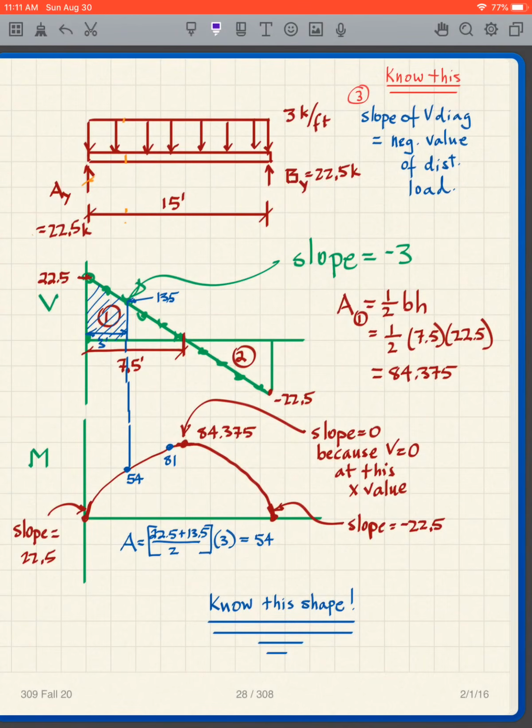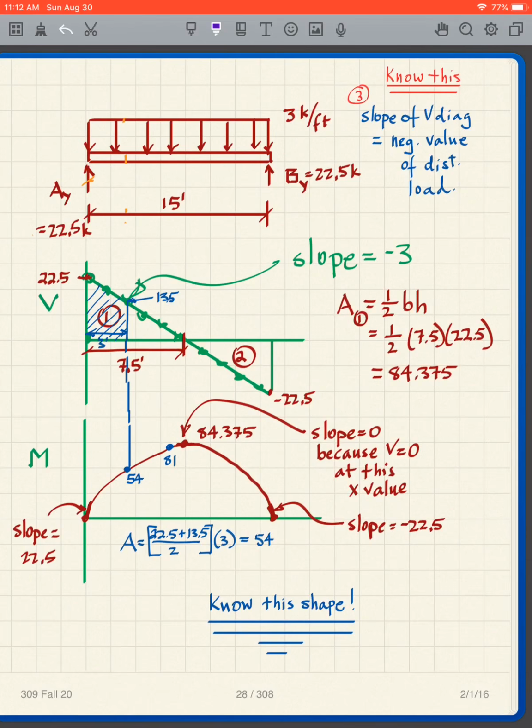Okay, I want to review very briefly what we did last time because it's an important concept in terms of how we handle these uniformly distributed loads. They're quite common.